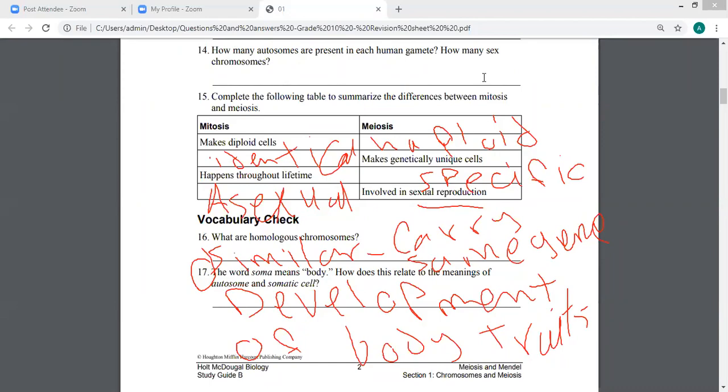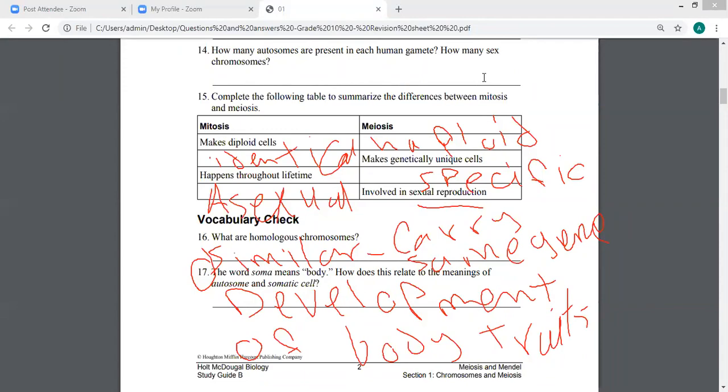Number 7 simply asks if the autosomes, or the body chromosomes, are used to identify the sex of the human or to identify the traits of the body.